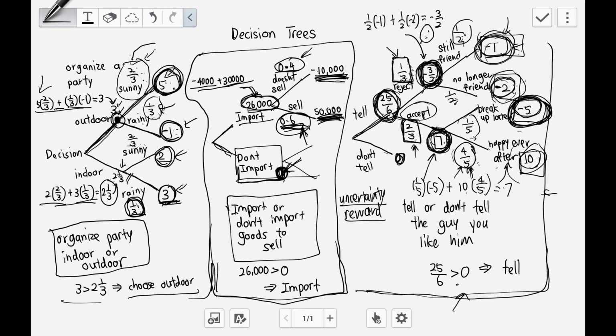That's provided you are good at drawing decision trees, you're good at collecting information about the probability, and you're good at determining your utility by assigning a numerical score to it.